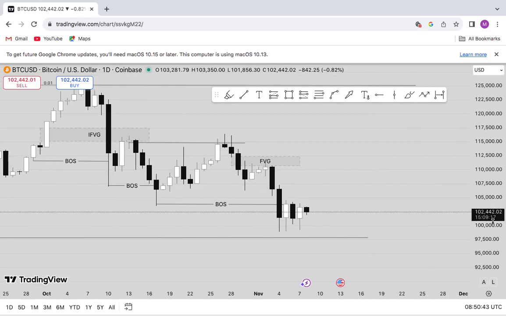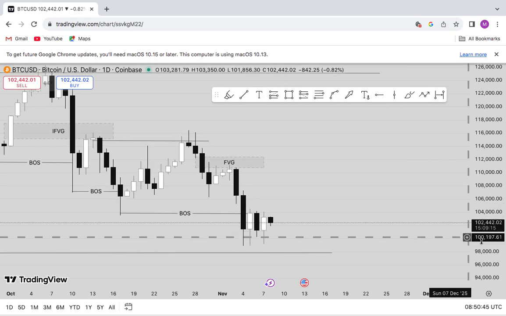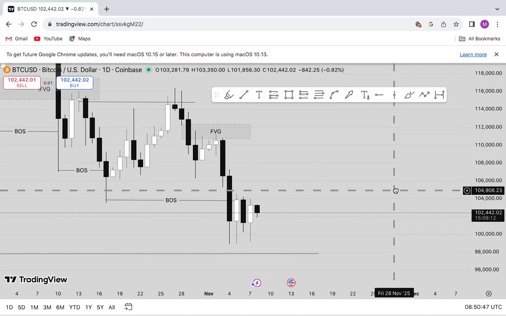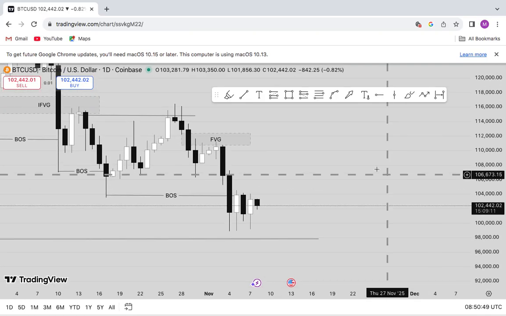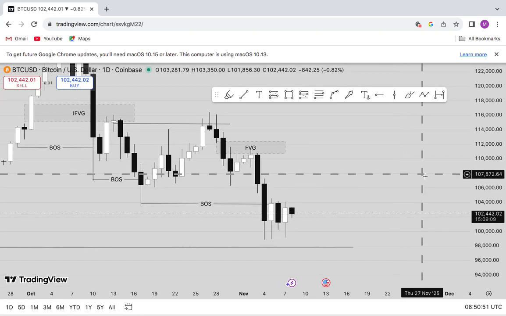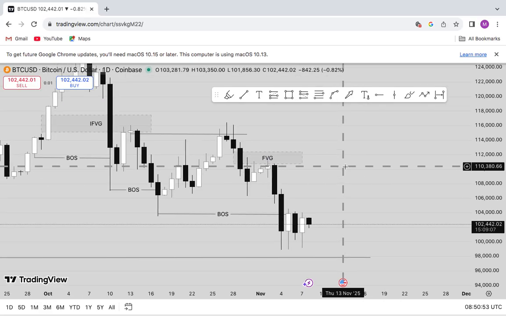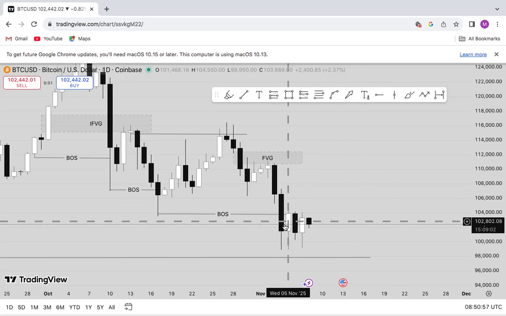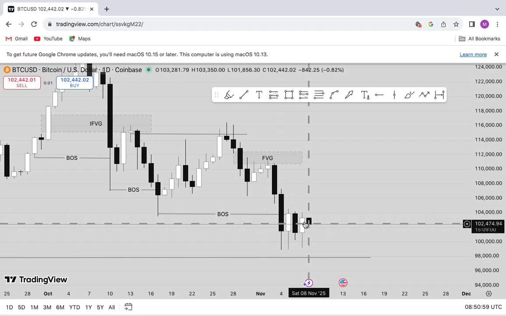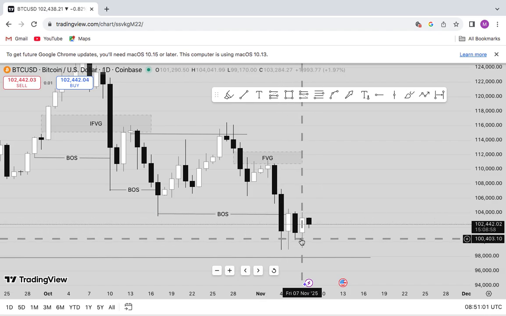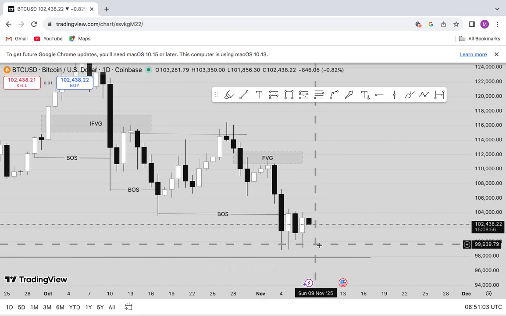So now looking at price on the daily time frame, where is price going to? That's the question you need to be asking yourself. Where are the potentials? Where is price going to next? So if you look at here, we have a consolidation. You see the candles are just printing sideways, so it's a consolidation phase.